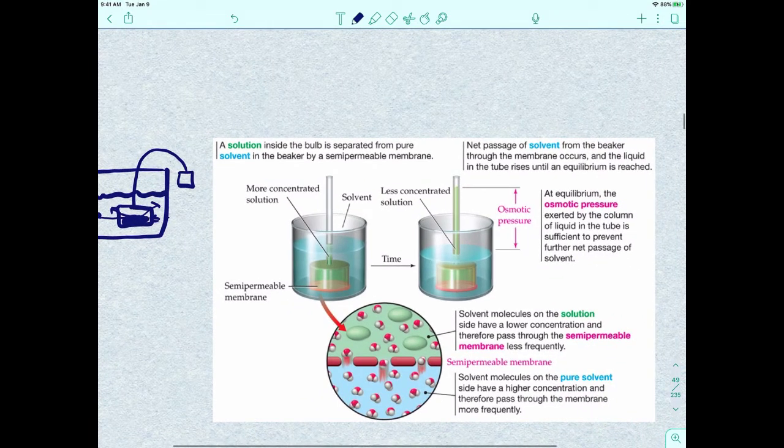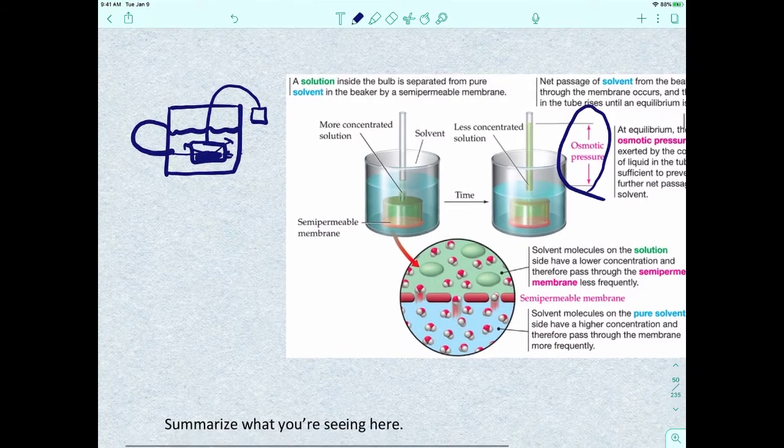Here in these figures, eventually, over time, pressure is increasing. So the osmotic pressure exerted by this column of liquid in this tube is sufficient to prevent further net passage of solvent.